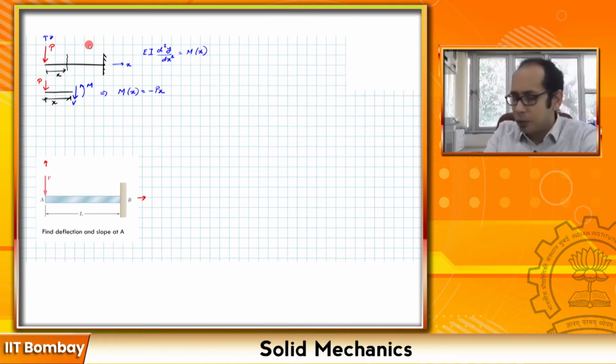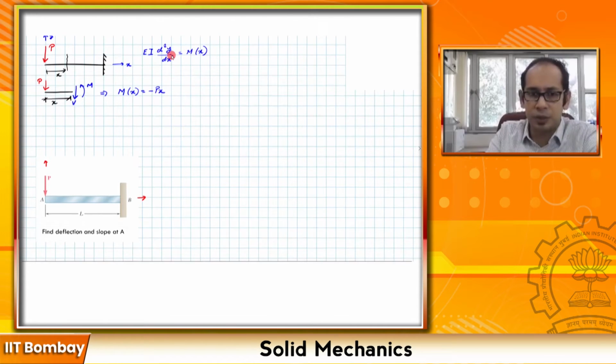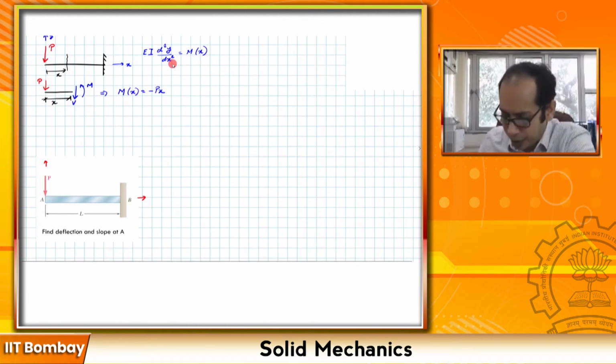Now I am going to take this and plug it back over here and do the double integration. First find the expression for the slope, then find the expression for the deflection y. So let me go ahead and do that.